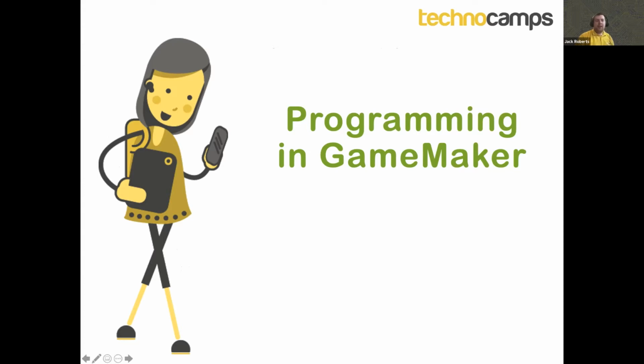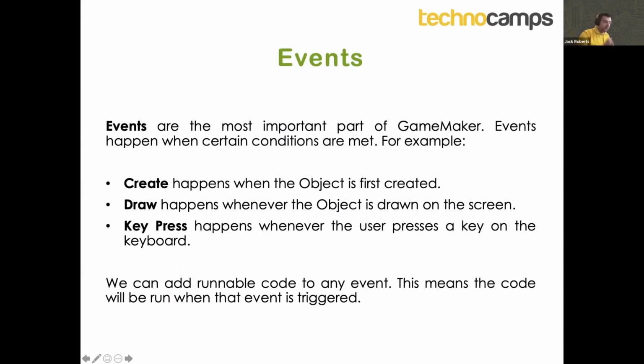Sorry, forgive me. We're going to head on to actually programming in GameMaker now. If this is your first experience of a typed programming language, don't worry, we're going to go through things step by step. The first thing we're going to go through are the events.